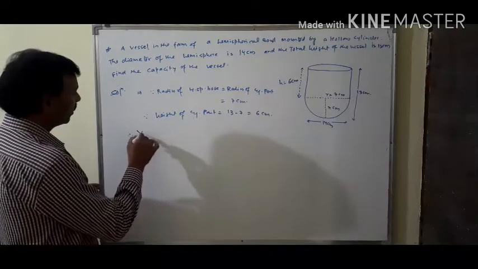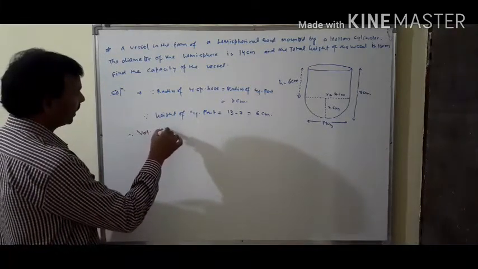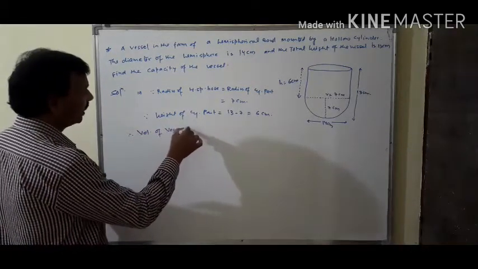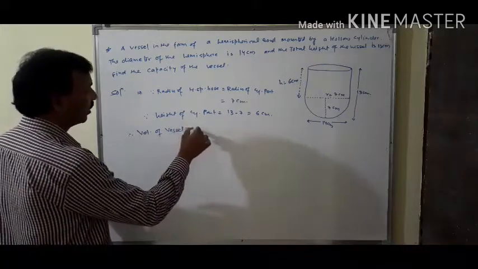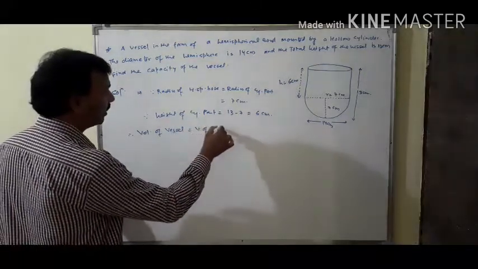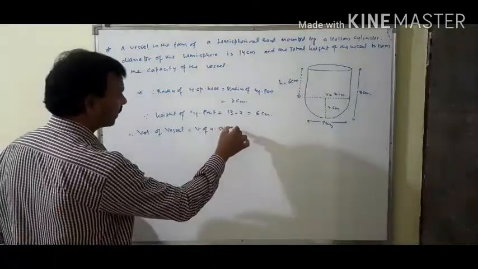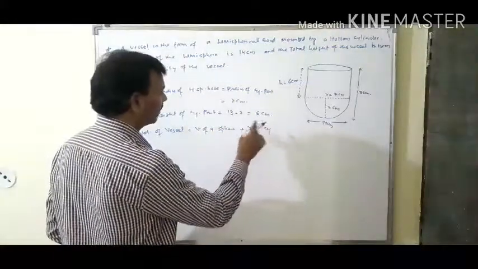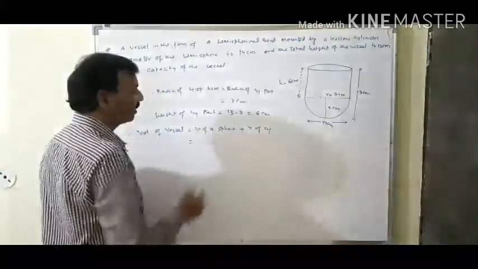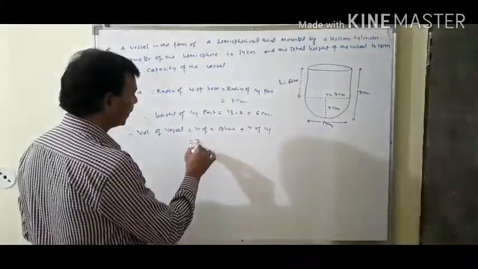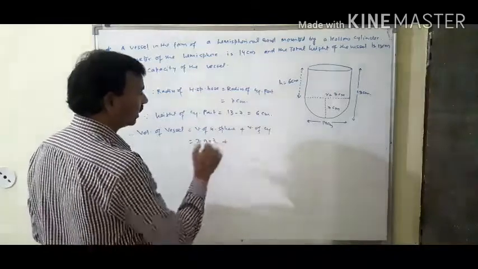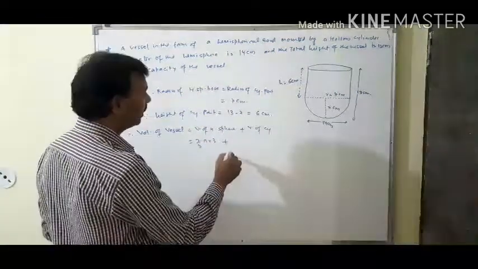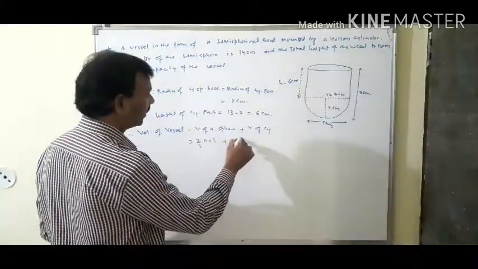Therefore volume of vessel is equal to volume of hemisphere plus volume of cylinder. The formula for volume of hemisphere is 2 upon 3 pi r cube, plus volume of cylinder, this is pi r square h.